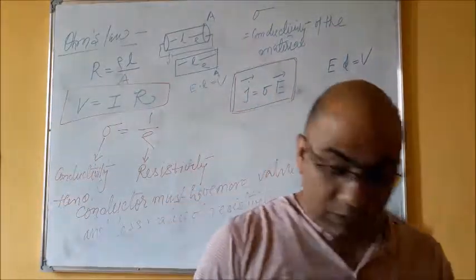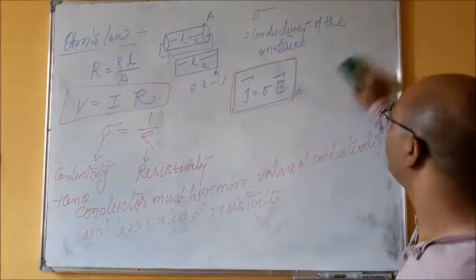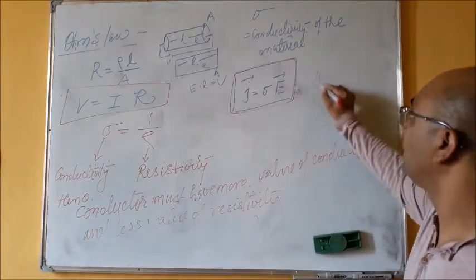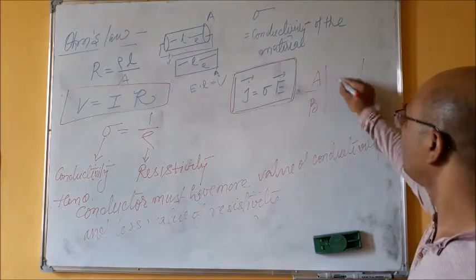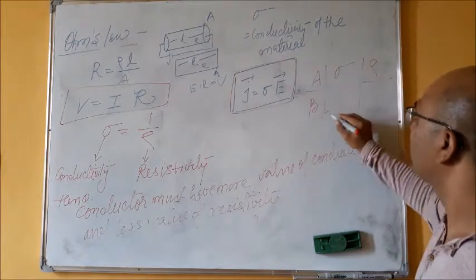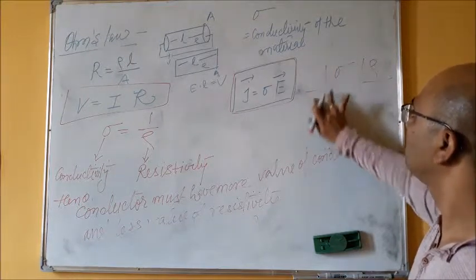I'm giving you an example. You have two materials A and B with sigma and rho.